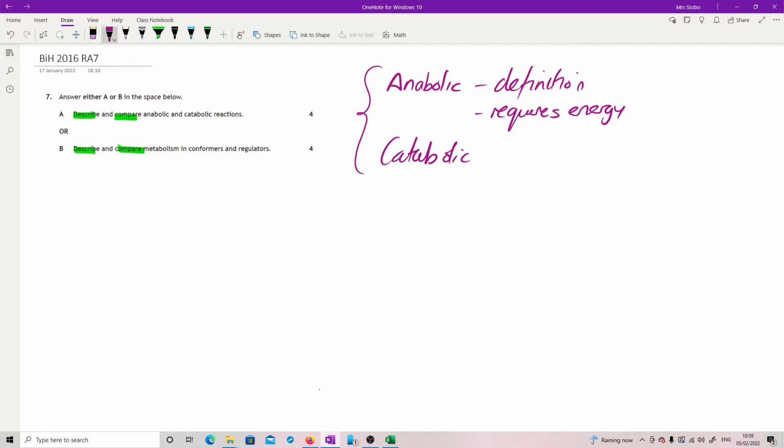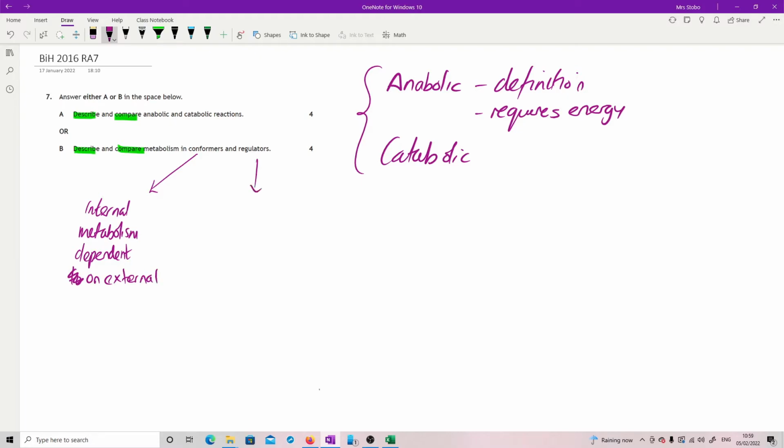Okay. For conformers and regulators, it's pretty much going down the same route. So I need to have a definition for metabolism in conformers. What we're saying there is that it is related to the external environment. So internal metabolism is dependent on the external environment.